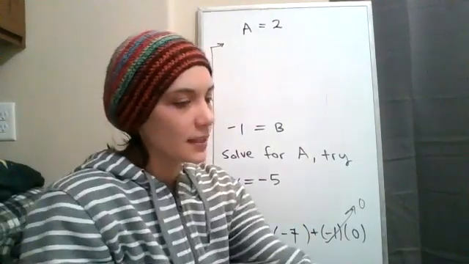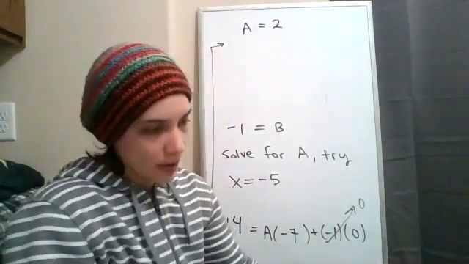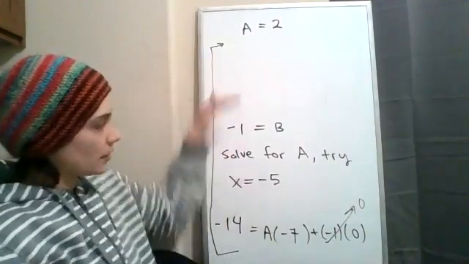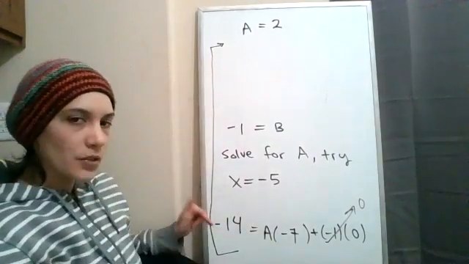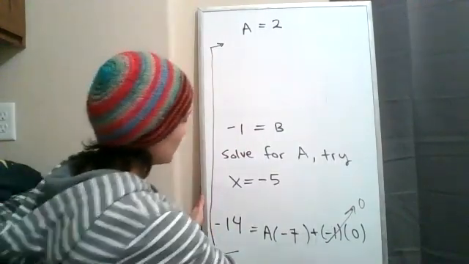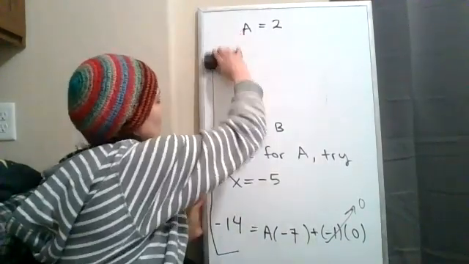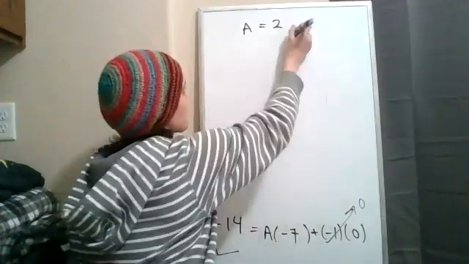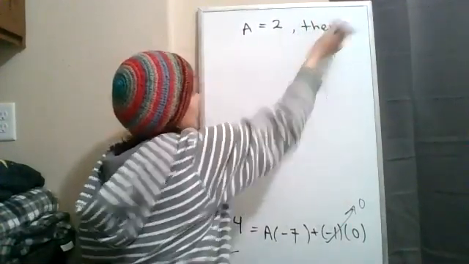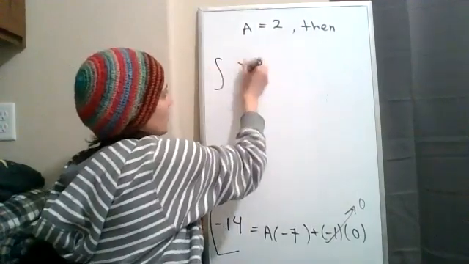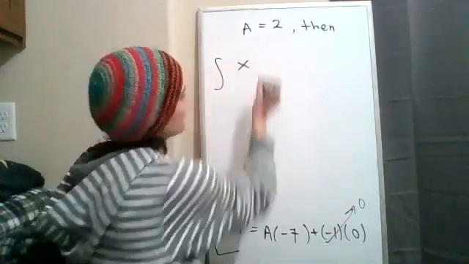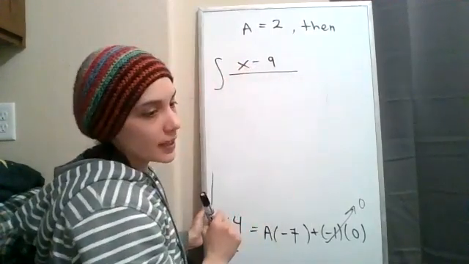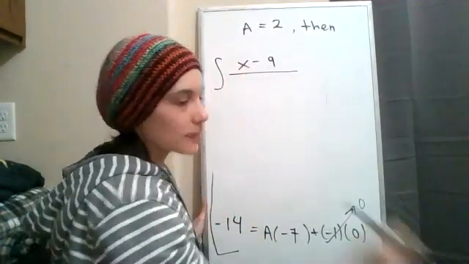So I've got my integral rewritten. Well, we'll restate the problem and then change it to this partial fraction decomposition. We had the integral of x minus 9 over x plus 5 times x minus 2.